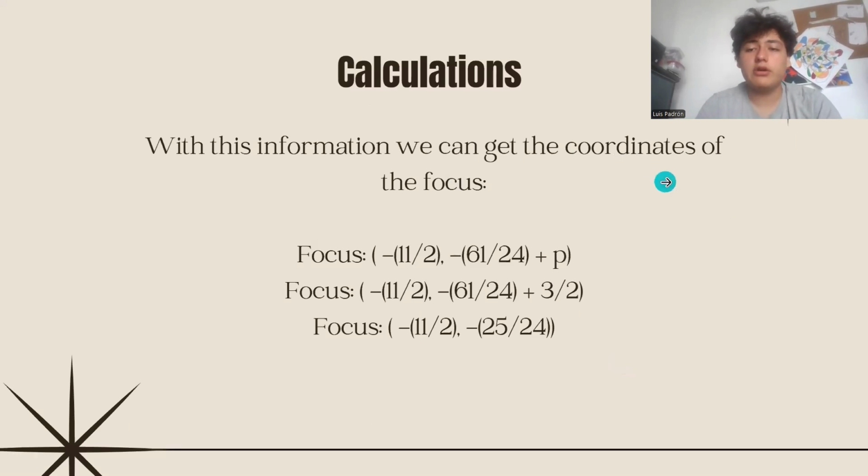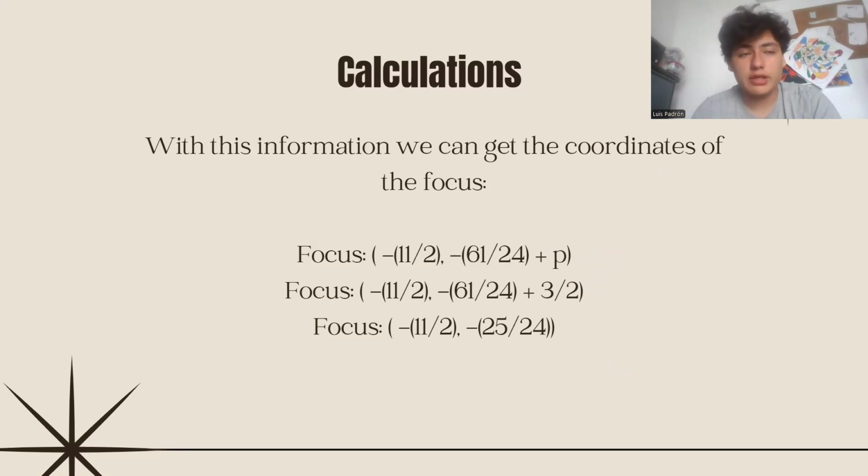Now, with the coordinates of the vertex and with the value of p, we can obtain the position of the focal point, or focus. So we add p to the y value. Why do we do it to the y value and not the x?